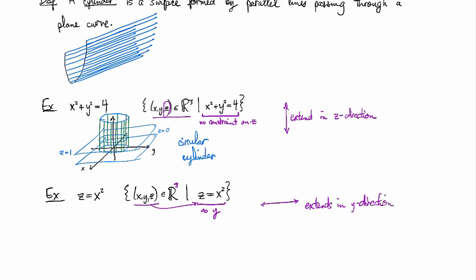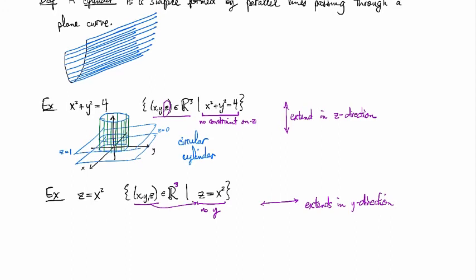So let's see. And like I said, cylinders can go in any direction, but in this class, we're only going to do ones that are parallel to the x, or to the y, or to the z axis. And so this one's parallel to the y axis, so I can start by checking out what goes on in the xz plane, aka y equals 0, and then just extend it outward from there.